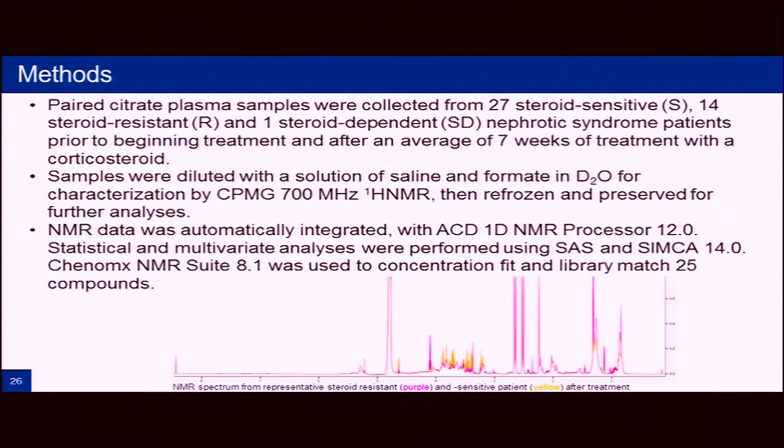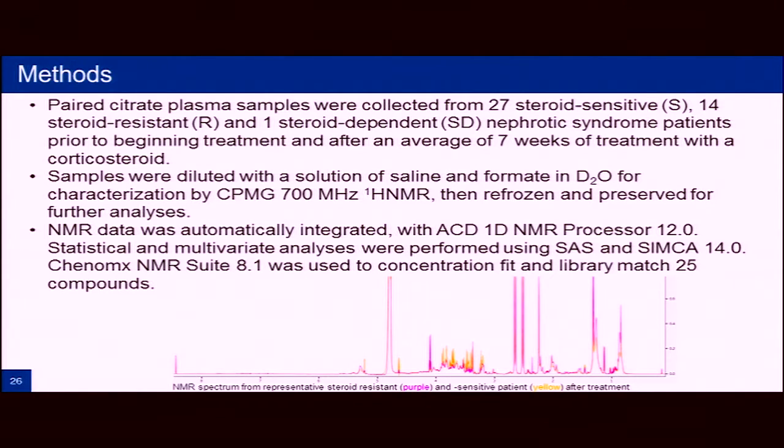So I'm just going to walk you through the methods for this first project, so you get an idea of what we're doing. A lot of the following projects are going to be analogous to this one.